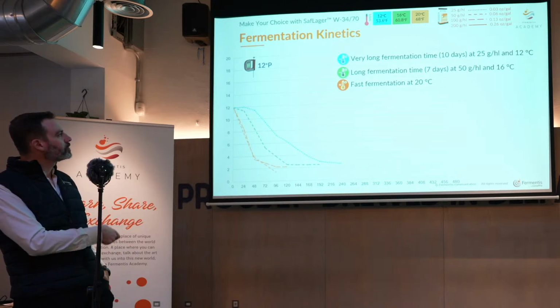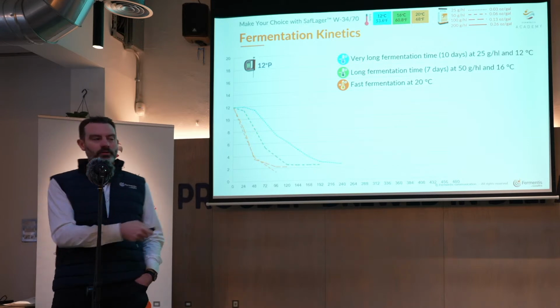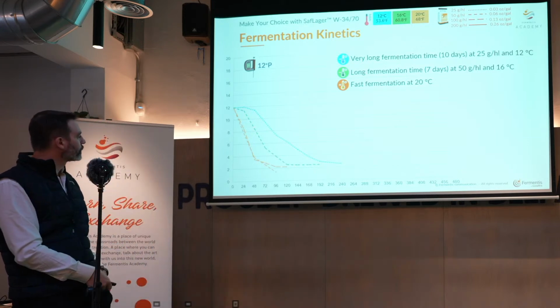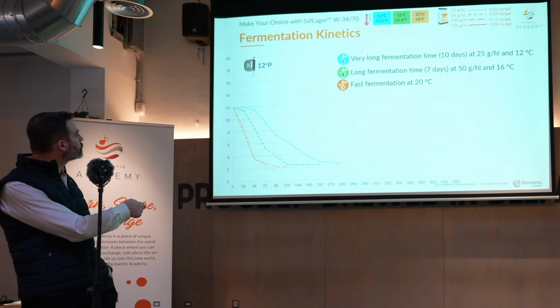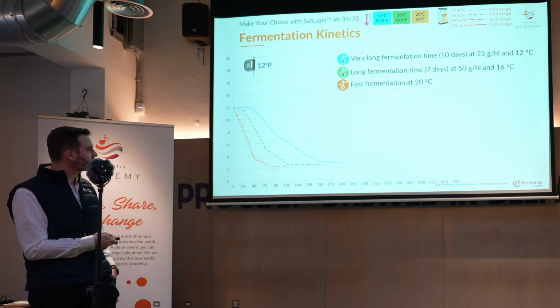And we can see really that the fermentation goes faster when you increase the temperature. And also here we can see a big difference. So this is 50 gram per hectoliter, and you see that at 20 degrees you go way faster.